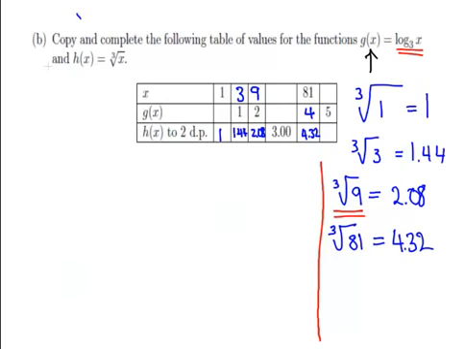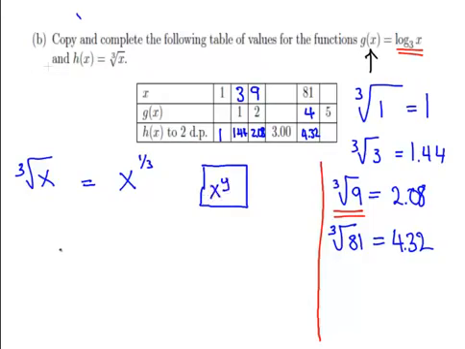I'm just going to clear the screen. We can write the cube root of x as x to the power of 1/3. Now there's a button on your calculator that should look something like this: x to the power of y. So first off, you would type in, let's say, 9.